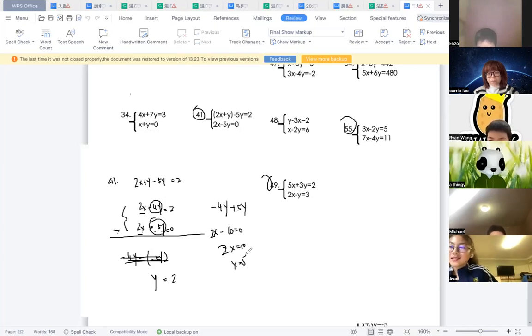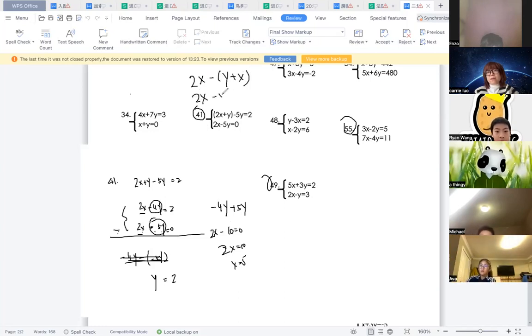Carrie. Mm-hmm. So do the brackets make any difference? Yeah, the bracket is not doing anything because you just take it out, right? Because the bracket is in front of this. If it is 2x minus y plus x, so everything's different. It's 2x minus y minus x, right? But this one is actually easier.